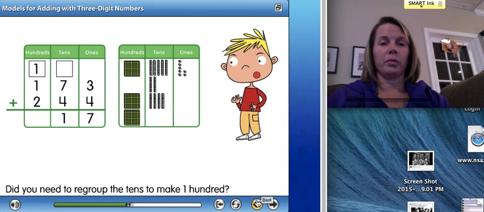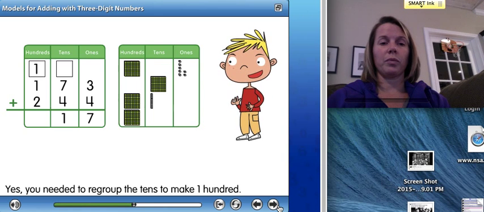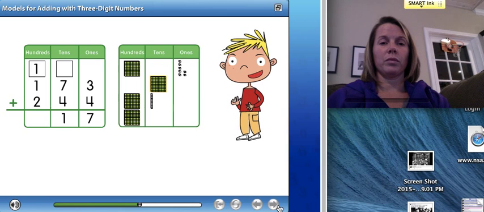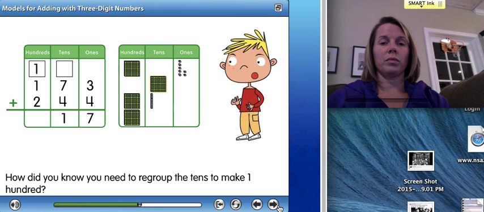Did you need to regroup the tens to make 100? I did. Yes, you needed to regroup the tens to make 100. How did you know you need to regroup the tens to make 100?